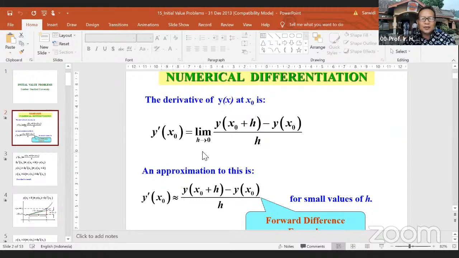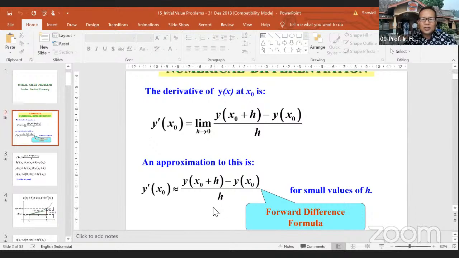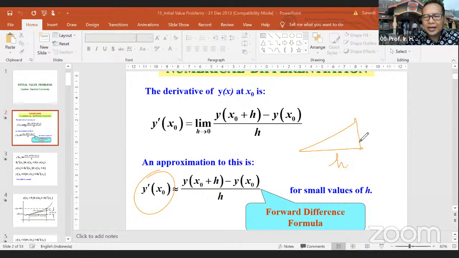So if you have numerical differentiation and use the forward difference formula, to find the differentiation, you will have this: delta x and delta y.